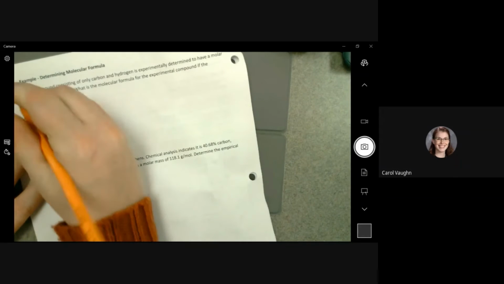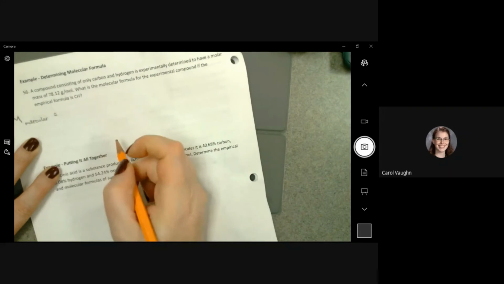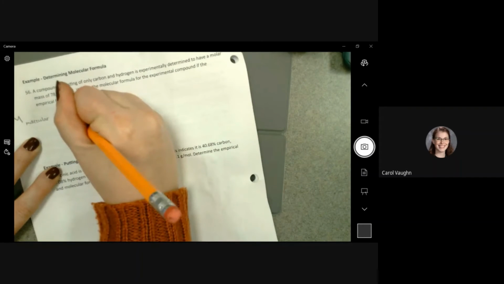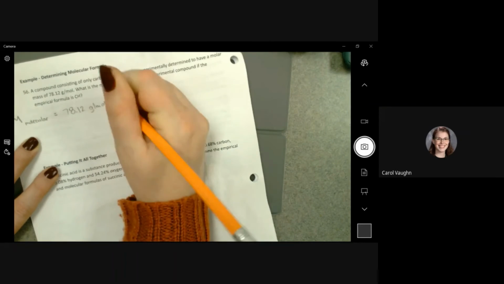So we know that the molar mass of our molecular formula is found to be 78.12 grams per mole. We want to know what that formula is.